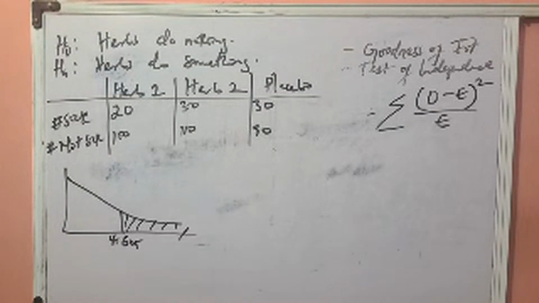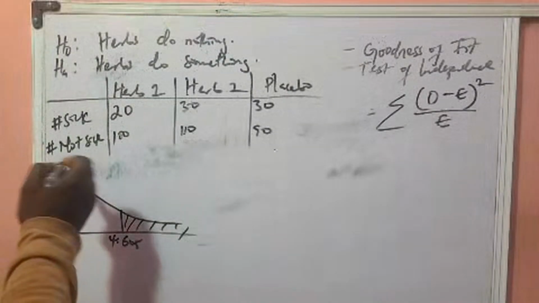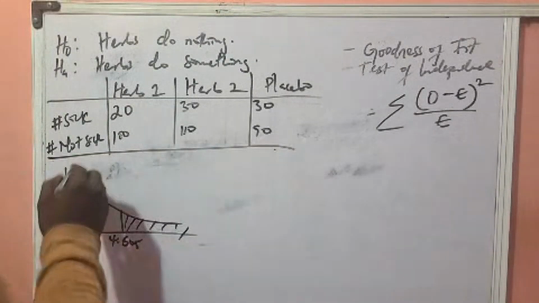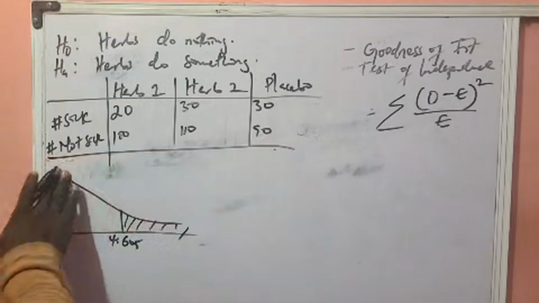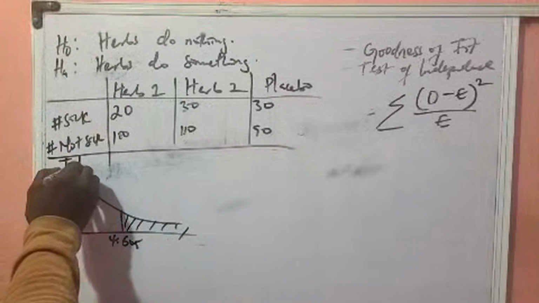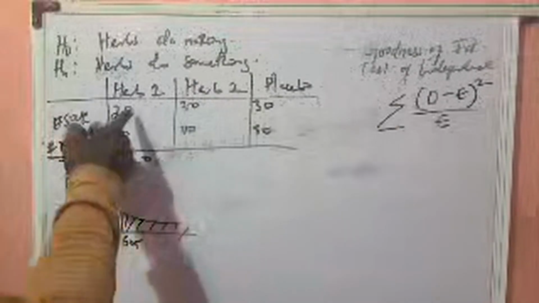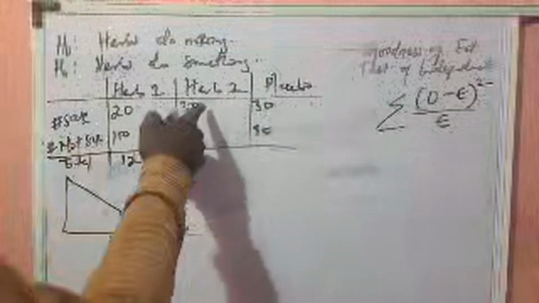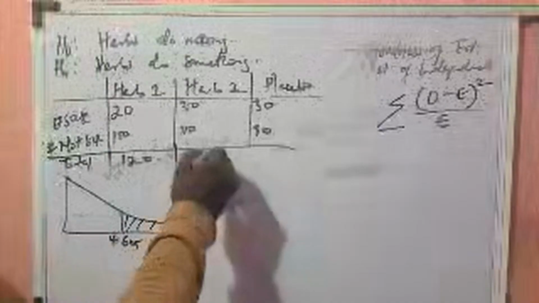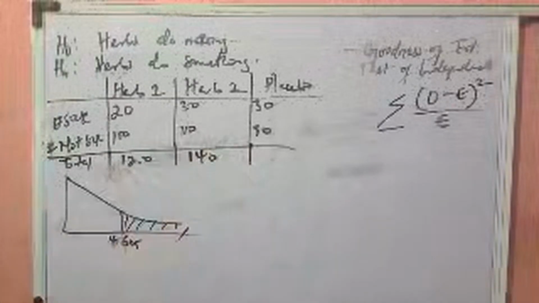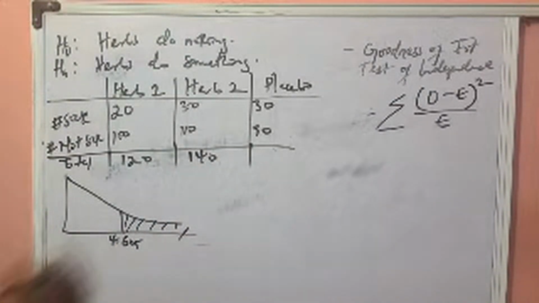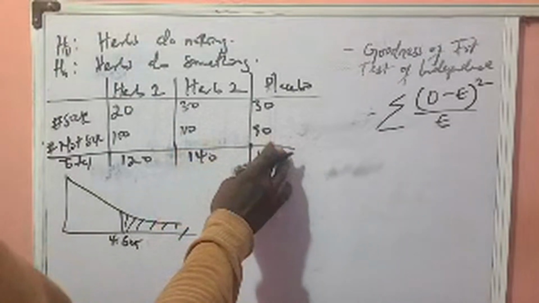You're going to have to find the total of each category, meaning you want to make a total of each category. So I'm going to be making a total of this. The total of this will obviously be 120. That's 20 plus 100. The total of this will be 140. That's 30 plus 110. And the total of this will be what? 120.